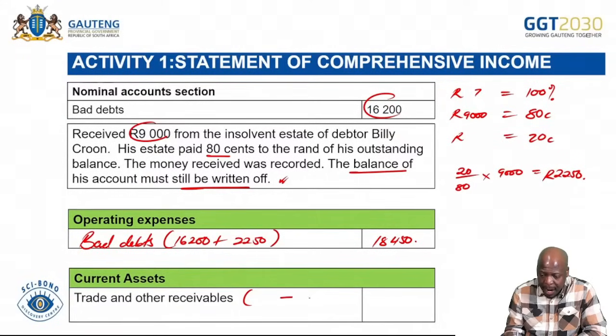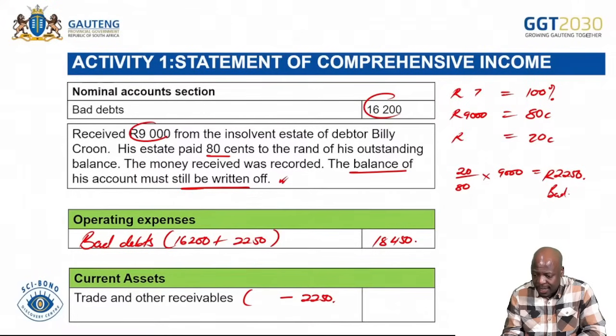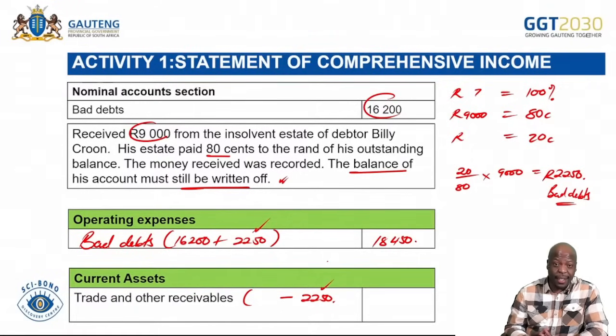So I'm just going to come and say minus 2,250. I have to subtract. What is this? This is bad debts. When you have bad debts being written off, they'll come and increase here. They'll also decrease your trade and other receivables.